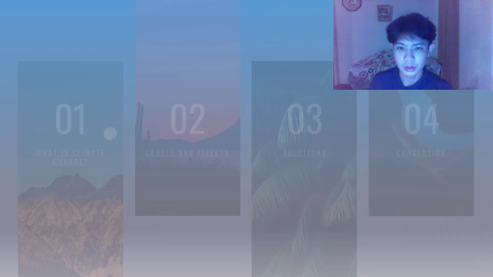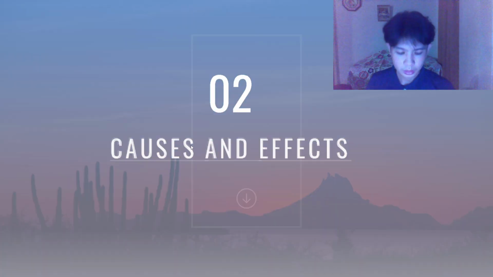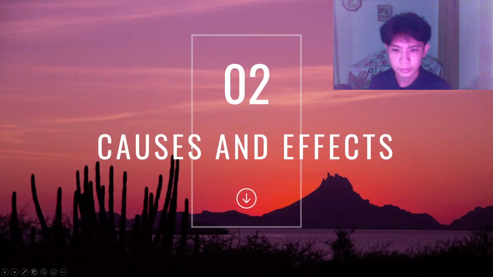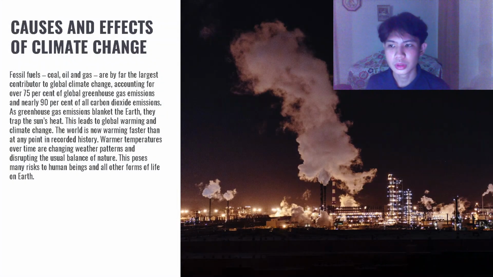Next is going to be causes and effects of climate change. Let's go to causes and effects of climate change. Fossil fuels, coal, oil, and gas are by far the largest contributor to global climate change, accounting for over 75% of global greenhouse gas emissions and nearly 90% of all carbon dioxide emissions.